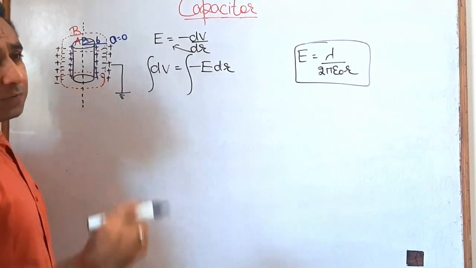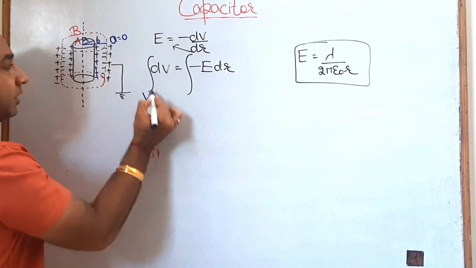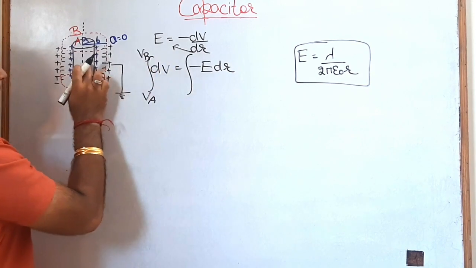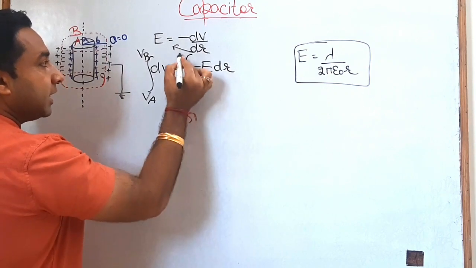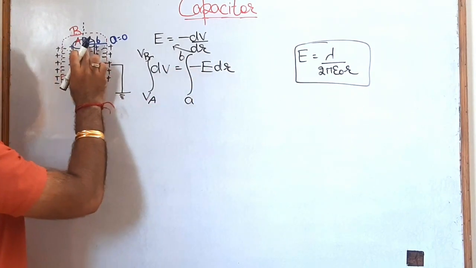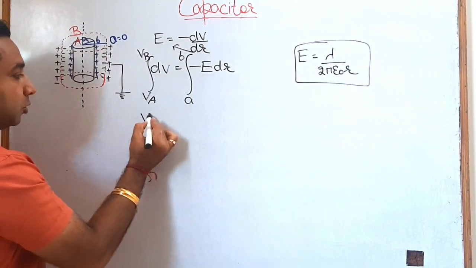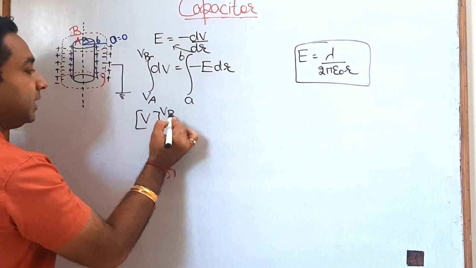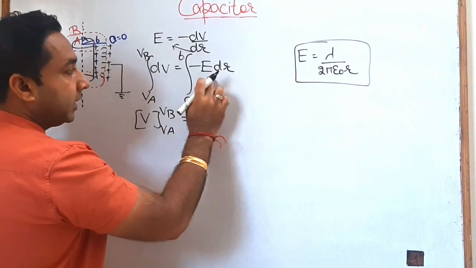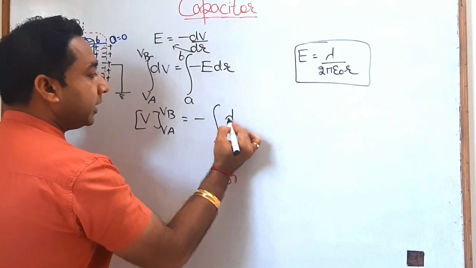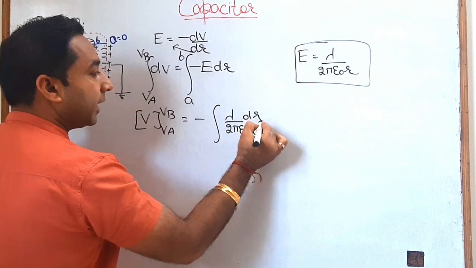Now look at the limits very carefully. dV, can I write the limit as VA to VB, potential at A to potential at B? dr, can I write the limit as A to B, that is inner radius is A and the outer is B. dV की integration होती है बच्चों, V, the limits are VB and VA is equal to minus, take it outside, intensity E की वैल्यू lambda upon 2 pi epsilon naught r into dr.